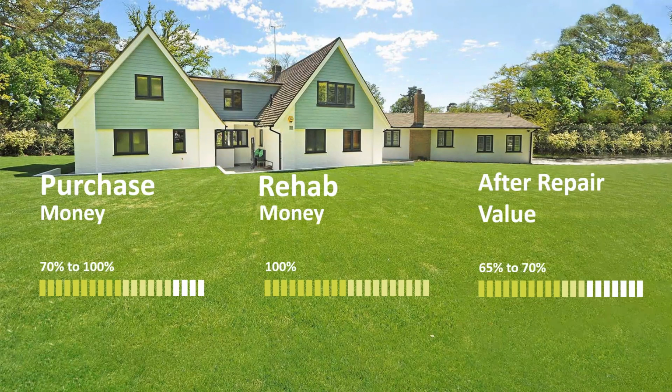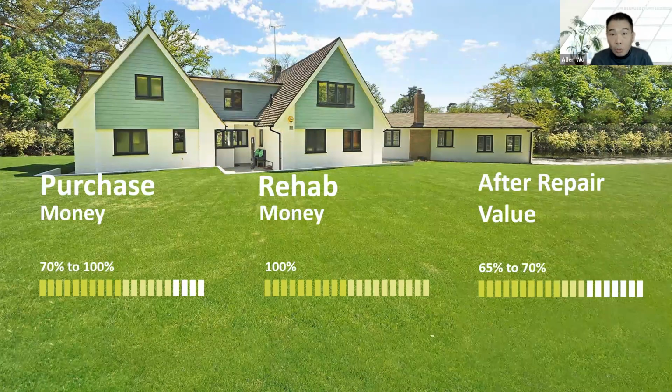They can give you a maximum of 65% to 70% of the ARV. Let's say the total cost is $300,000 and the ARV is $500,000. What is 70% of $500,000? $350,000. Am I right? The total budget is $300,000, so in this case they're okay. You can get the maximum out of it. I'm not saying you can get 100% of it, that depends on experience, but still you will get the maximum.